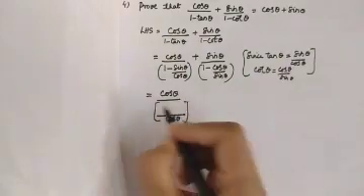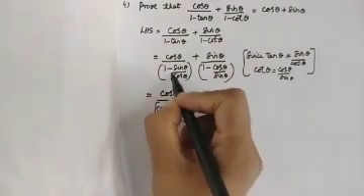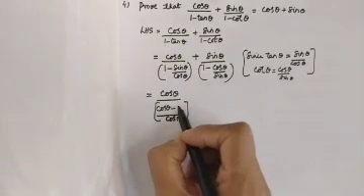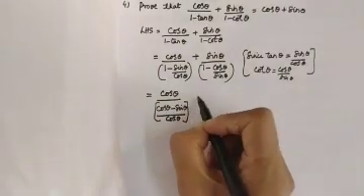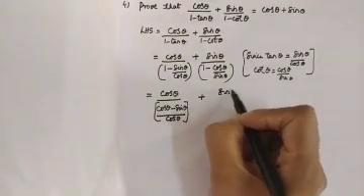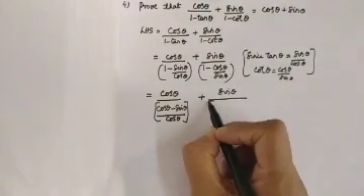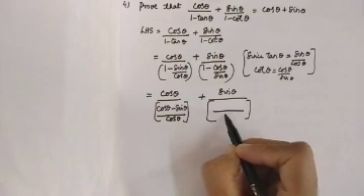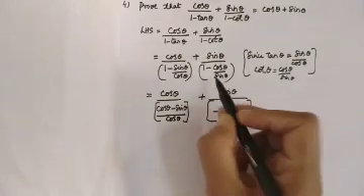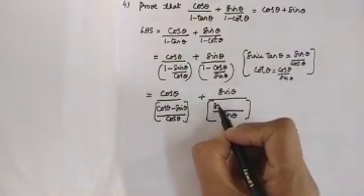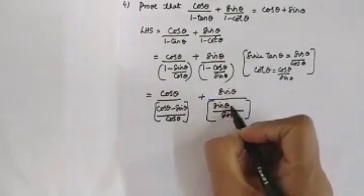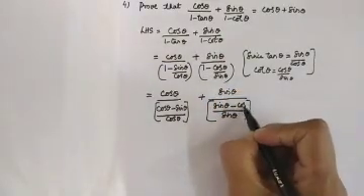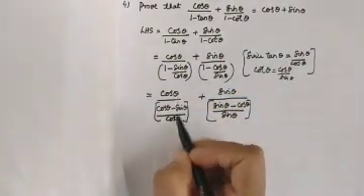Numerator is 1 into cos theta is cos theta minus sin theta. Plus, here the numerator is, first fraction is sin theta. Here denominator you have to simplify this. LCM is sin theta and the numerator is 1 into sin theta minus cos theta.